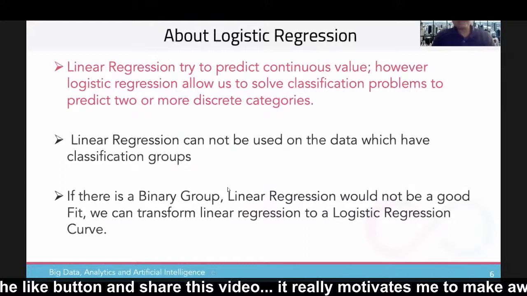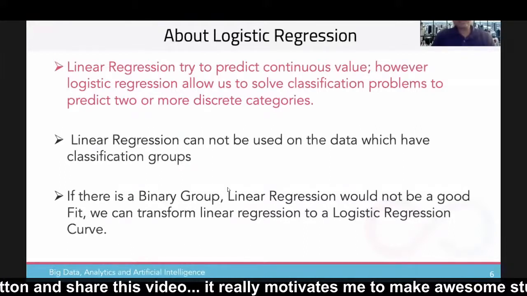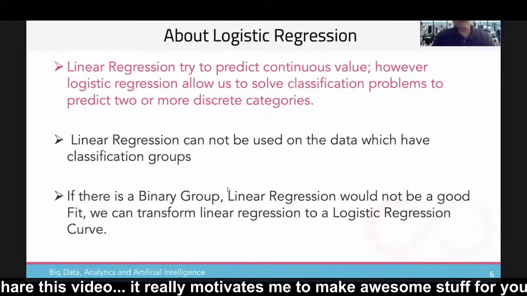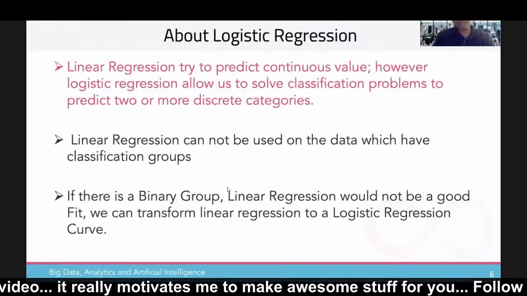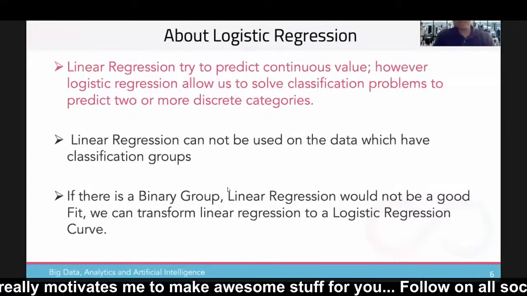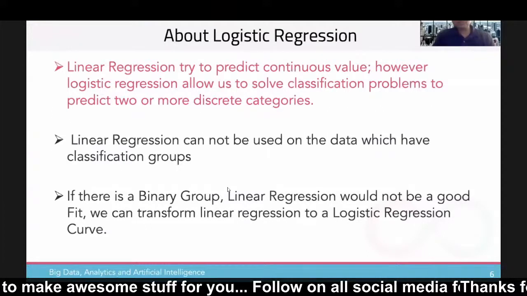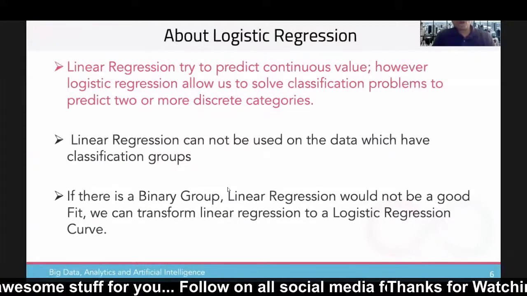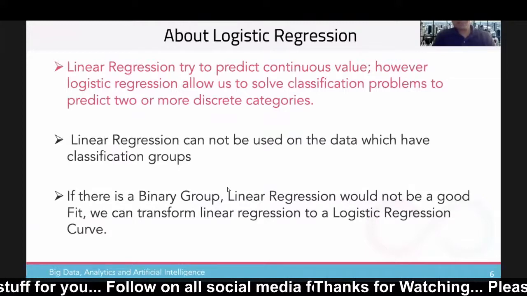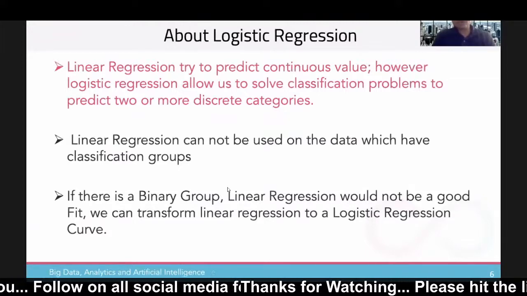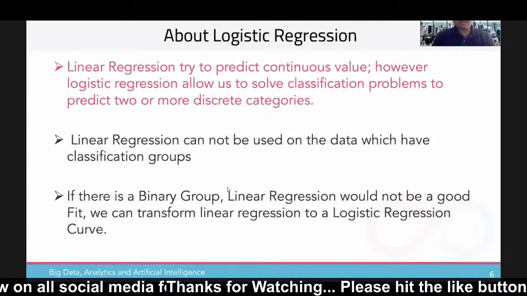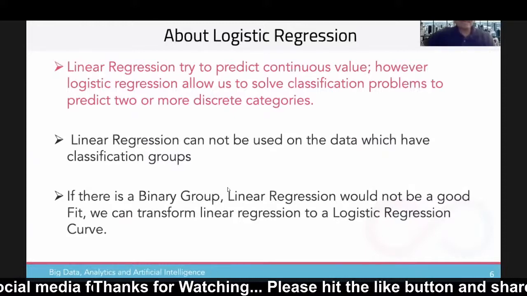Linear regression tries to predict continuous values, like housing prices or stock prices. These are continuous values, ever changing. However, if it is a categorization or classification problem, logistic regression allows us to solve classification problems to predict two or more discrete categories.